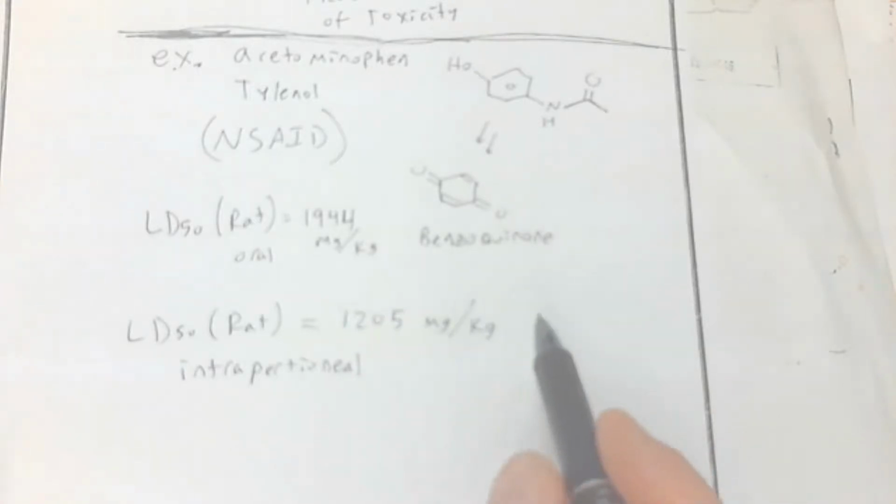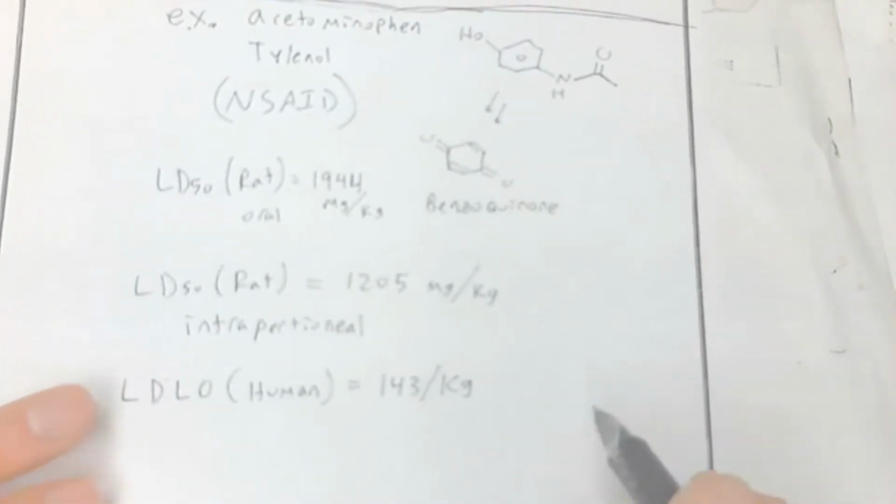Okay, let's just compare this to LD low, which is in a human. So these are well characterized numbers. This is the lowest observed lethal dose in a human, and that's about 143 mg per kg.